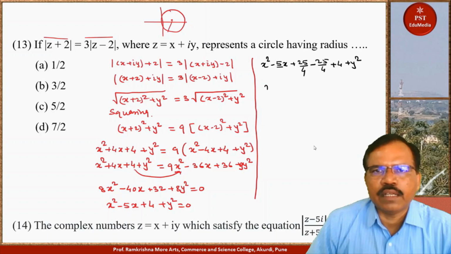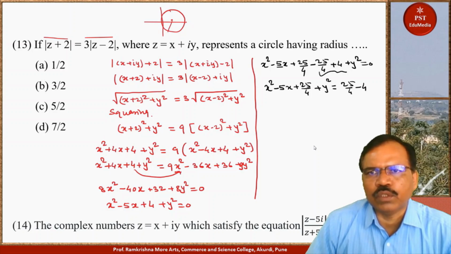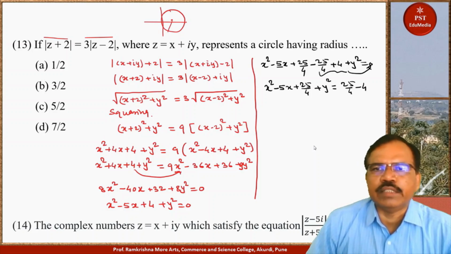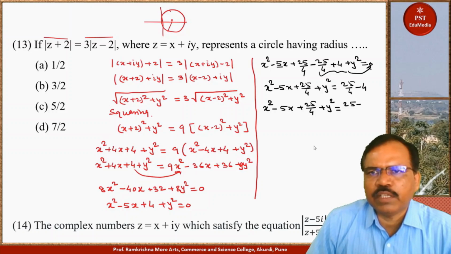So we will get here x square minus 5x plus 25 by 4 plus y square is equal to 25 by 4 minus 4. So we get x square minus 5x plus 25 by 4 plus y square is equal to 25 minus 16 whole divided by 4.